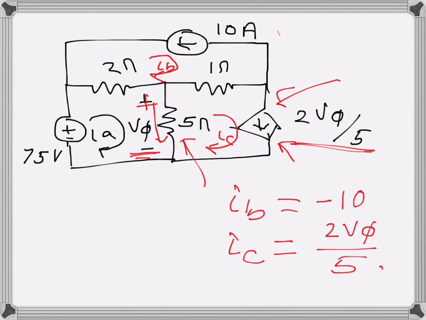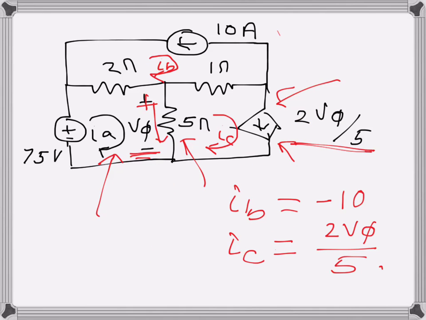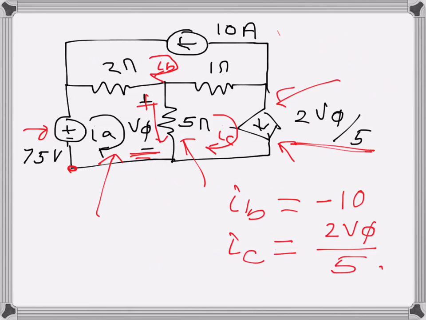Now I will write the loop equation, the KVL, for the first loop. If we start from here going in the clockwise direction, this 75 volts is a rise, so let's write it on the left hand side. Then the 2 ohms and 5 ohms are drops in this direction, so I will directly write the equation.